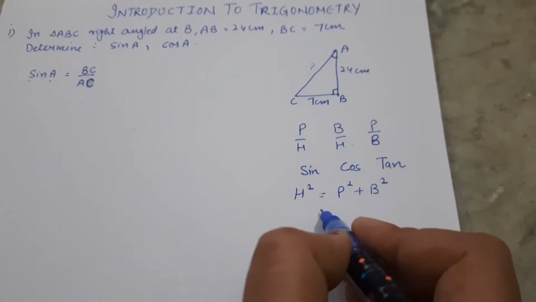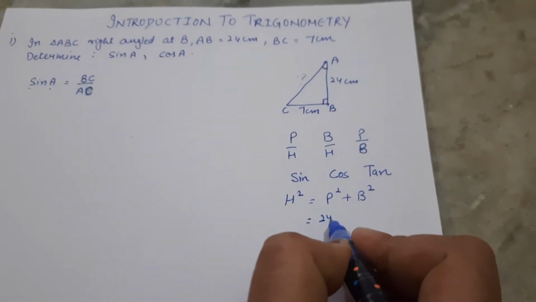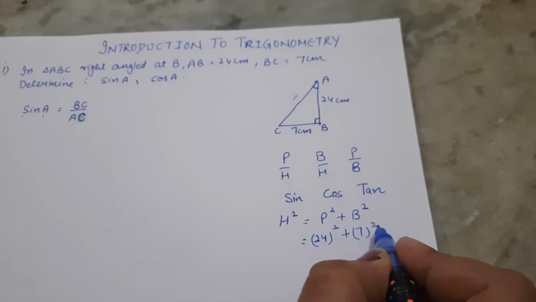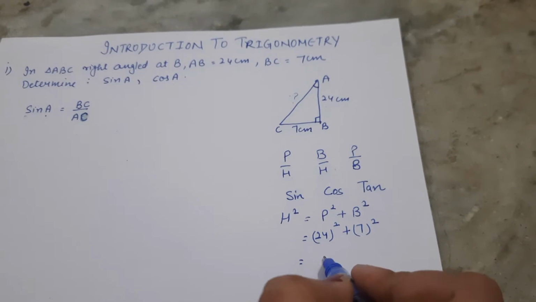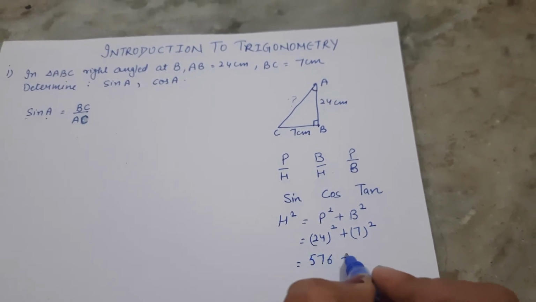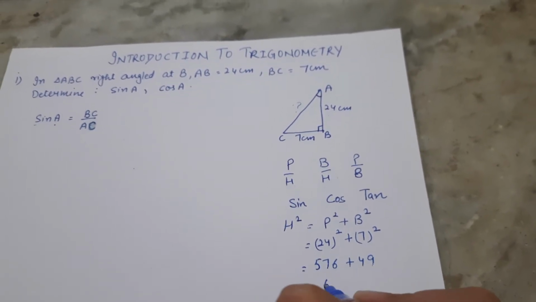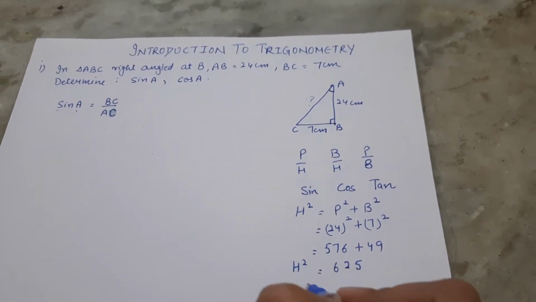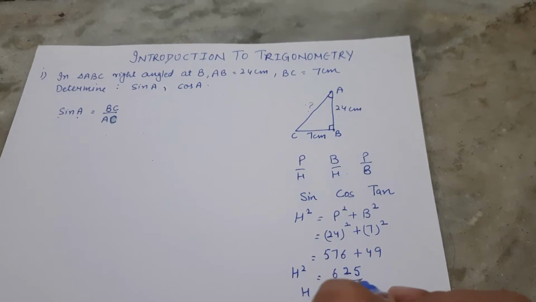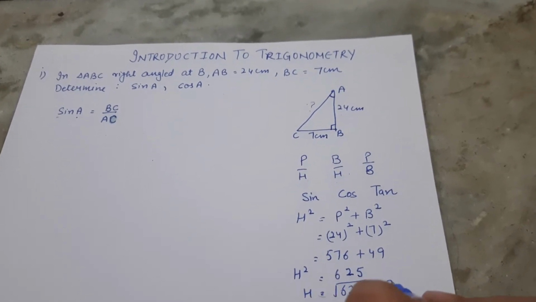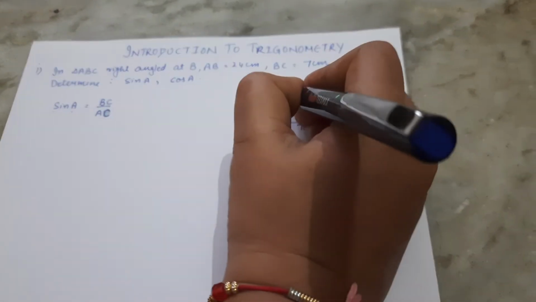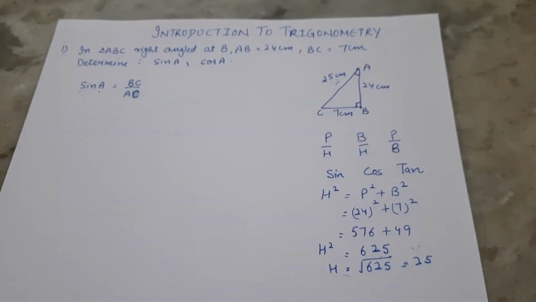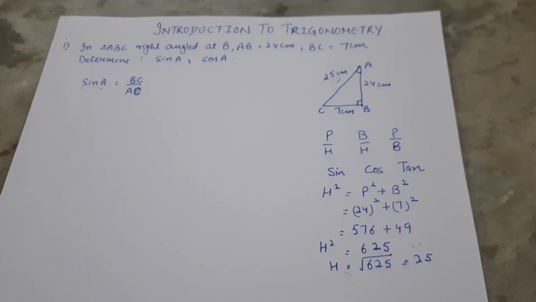So here we have 24 squared and our base is 7 squared. 576 plus 49 is 625, then h squared is 625, h is equal to under root 625, which is equal to 25. So our AC is equal to 25 centimeter.